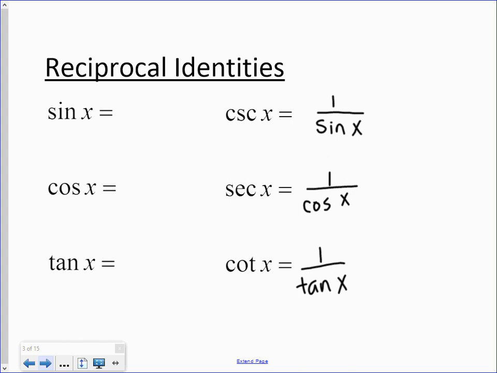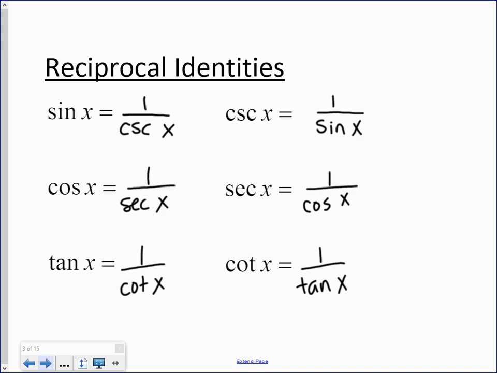And so then think about how that would translate if we're doing the basic trig functions. Sine of x is equal to 1 over cosecant x. And cosine is equal to 1 over secant, and tangent is equal to 1 over cotangent.